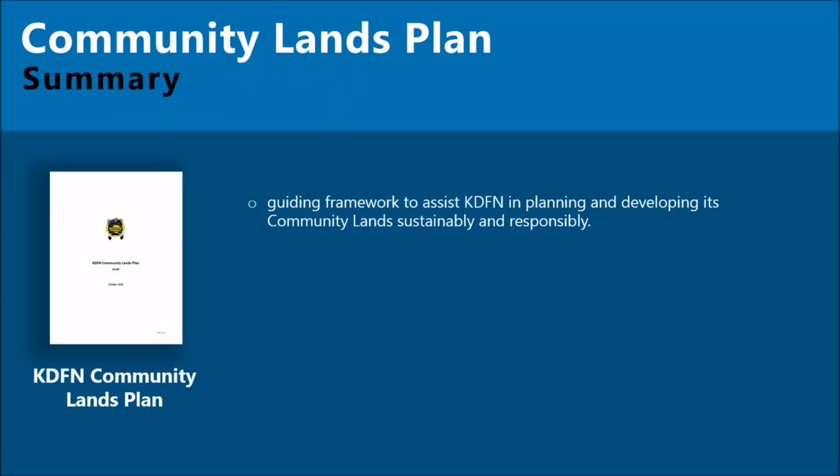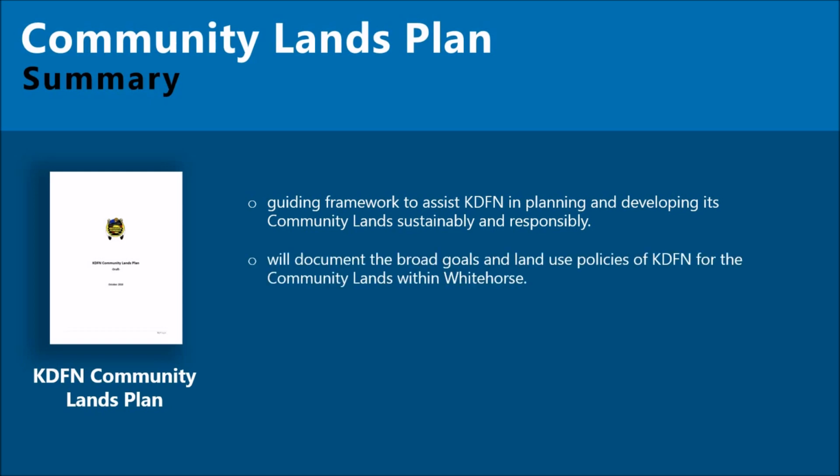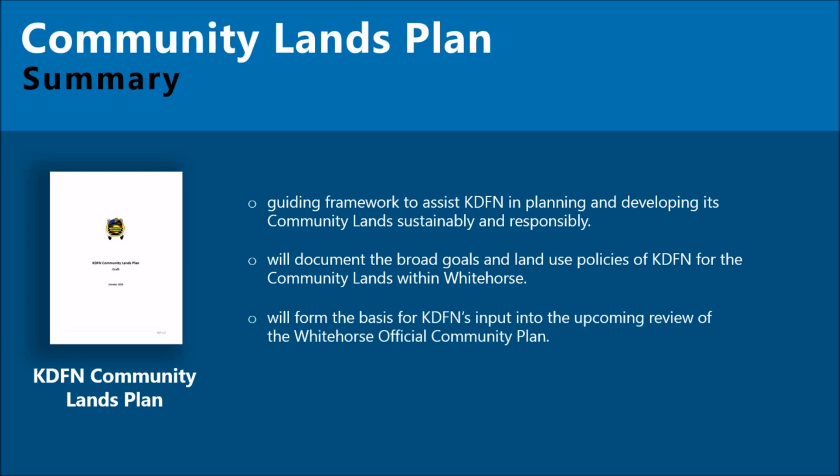So the Community Lands Plan provides this framework which will help Kwalendon in planning and developing its lands sustainably and responsibly. And it will document the goals and land use policies for the community lands within Whitehorse.